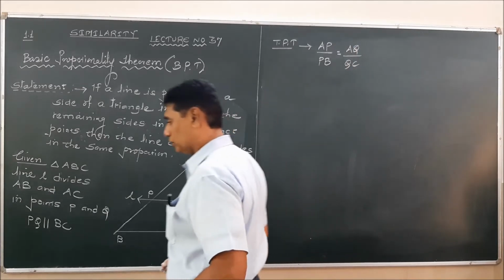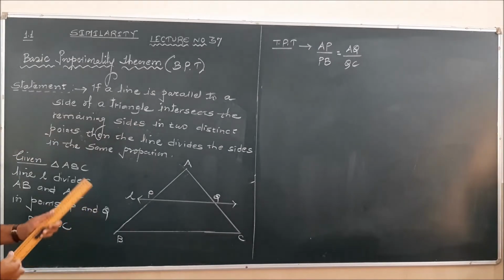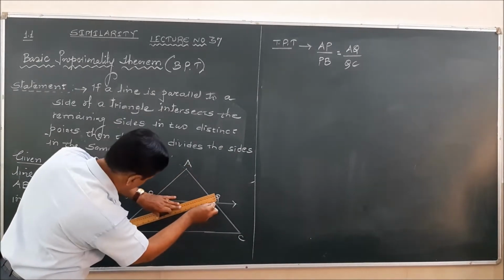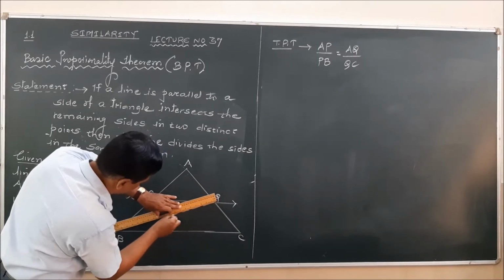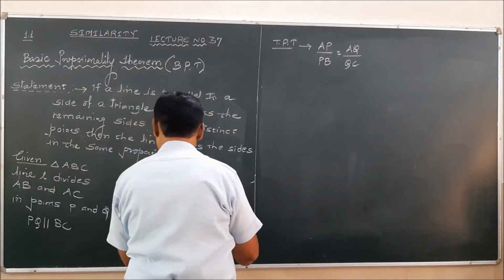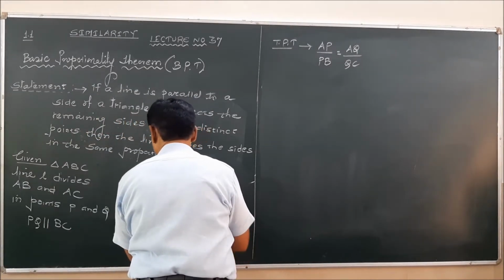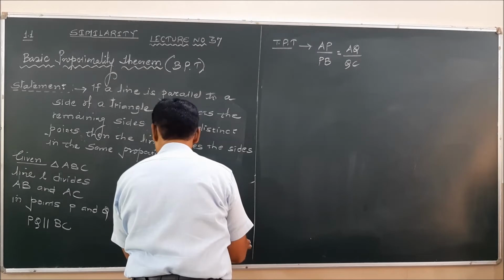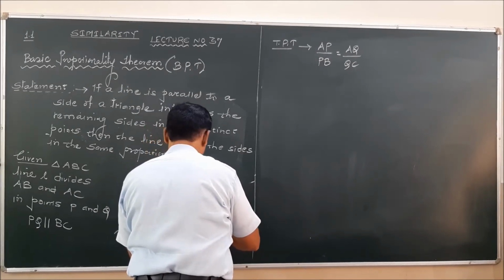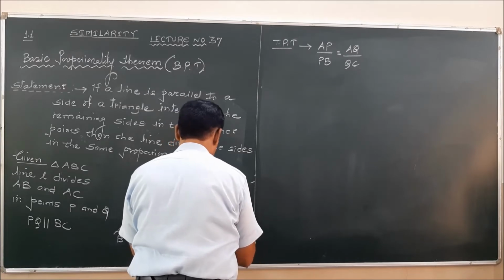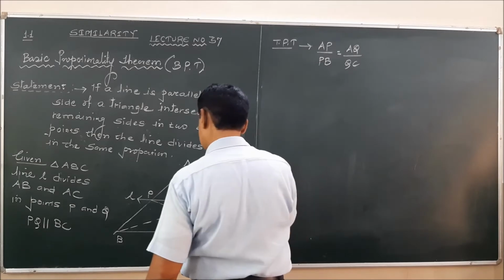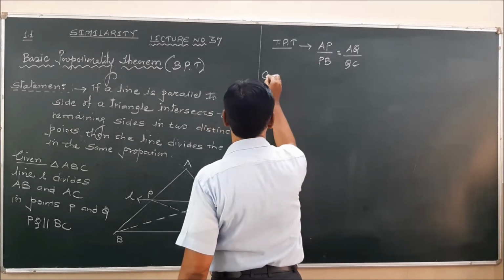Fine. Now we have to do one construction, and generally we always show the construction with dotted lines. Okay, so this way I have drawn this construction. We'll come to know the reason afterwards. So you can say join PC and QB. Construction.